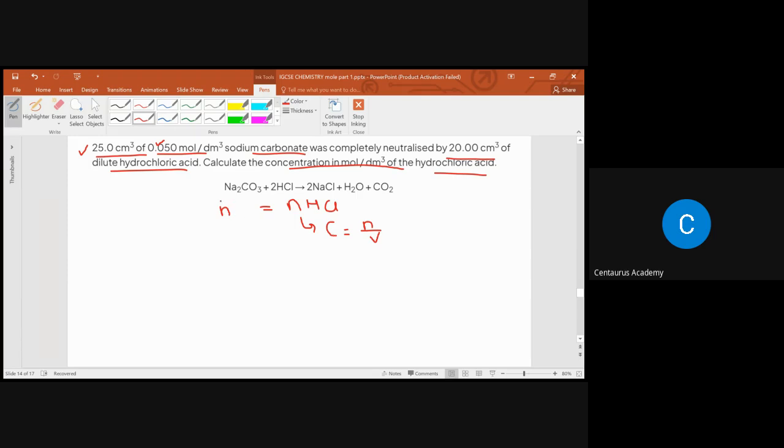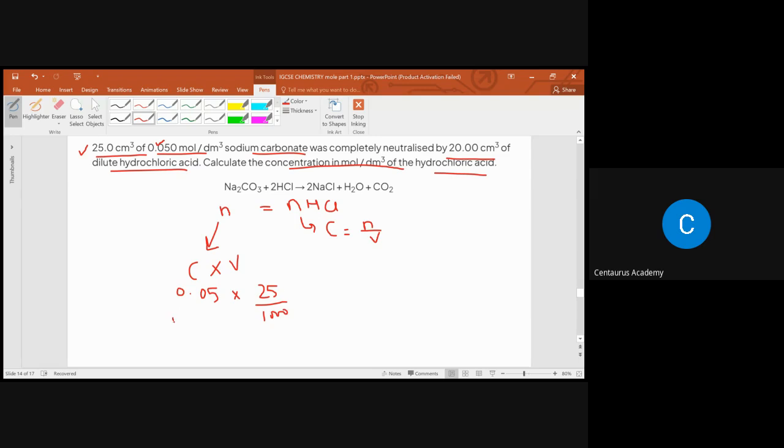Okay. So moles of sodium carbonate will be C into V. What is the concentration? It is 0.05. What is the volume? 25. Anything else which we need to do here? Divide by 1,000. Yes, we have to convert it into decimeter cube by dividing it by 1,000. Okay.